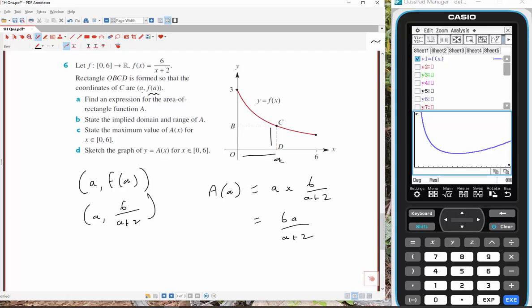The value of a has got to be greater than or equal to 0. Yeah, 0. So it's got to be greater than or equal to 0. So I think what's going to happen is, this is a, this is A of a.